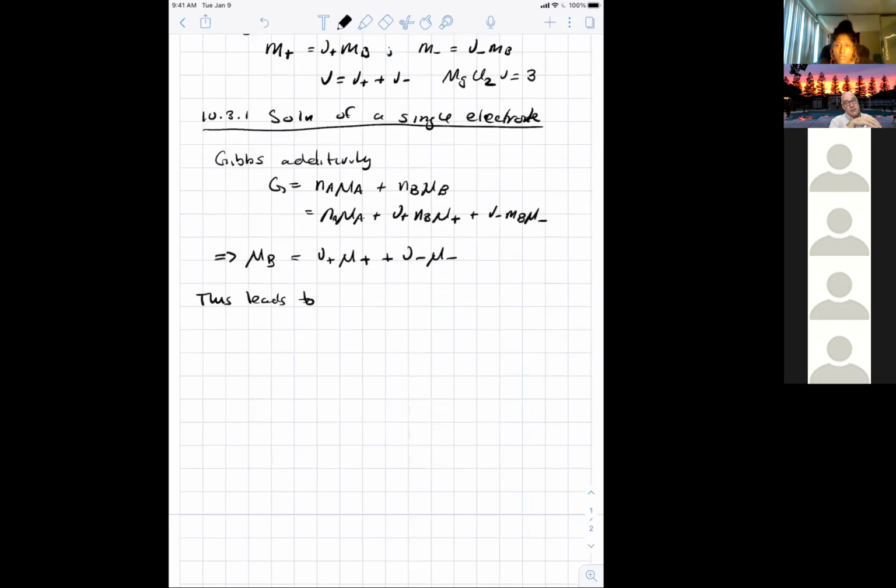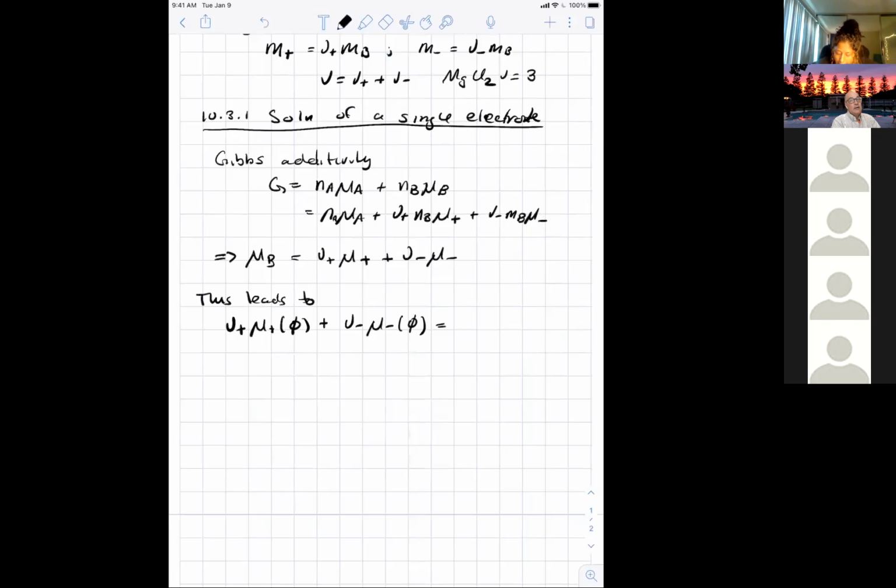If you're the kind of person who's going to go through the notes or the book and re-derive everything, I think that's a really good thing to do. I understand not everybody's going to do it, but it's a really good thing to do. If you go through and do this the same way that we did it for the symmetrical case, you end up with this expression. Remember, we want to put this in terms of the field, or the potential inside the solution, right?